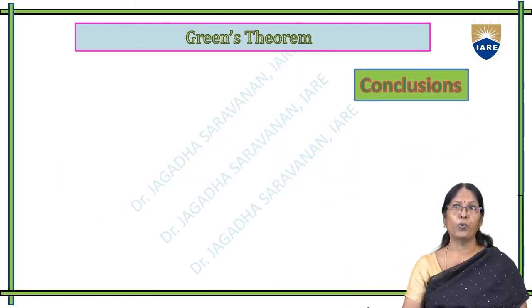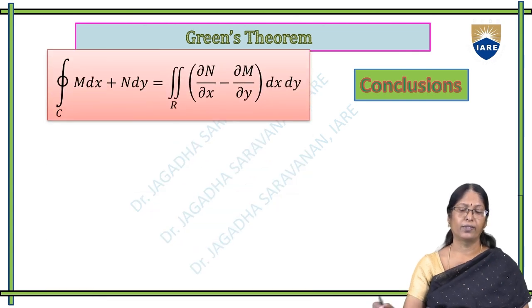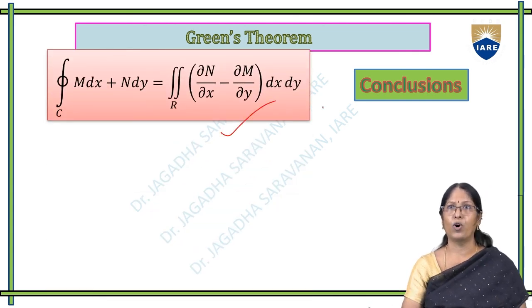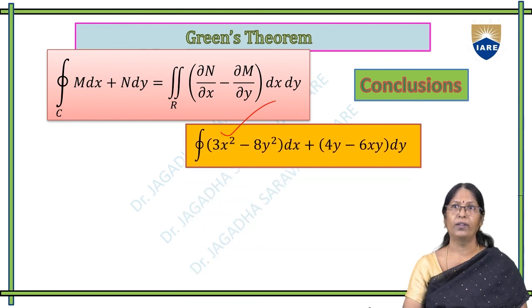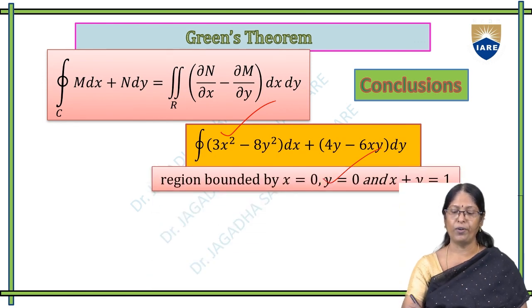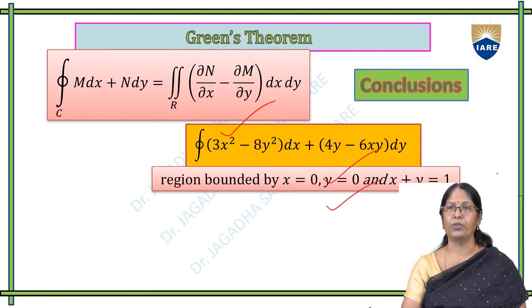So next, one more problem we have taken, that is to verify the Green's theorem formula. This is the formula. The problem one what we discussed, the same function we have taken, but the bounded region is assumed to be a different one. Then what changes are coming if the bounded regions are changed completely?